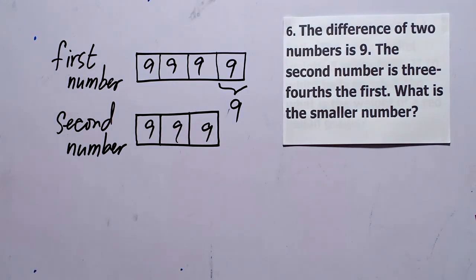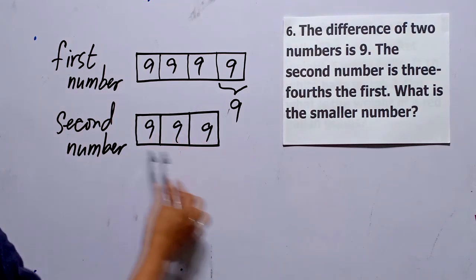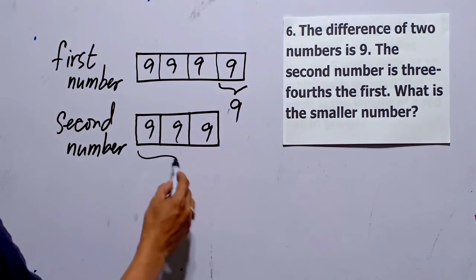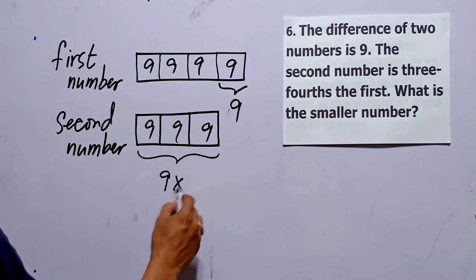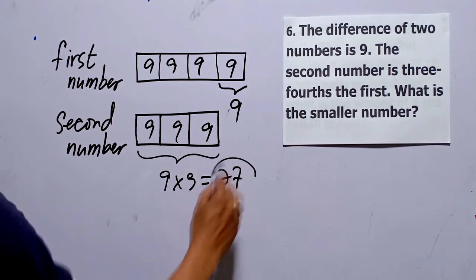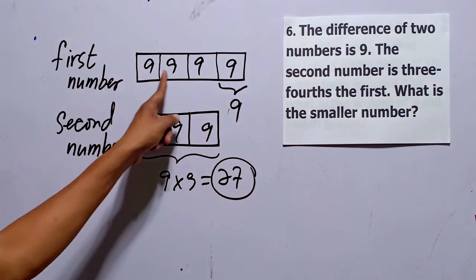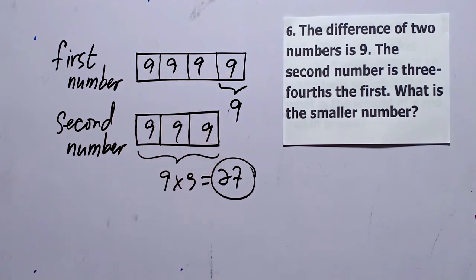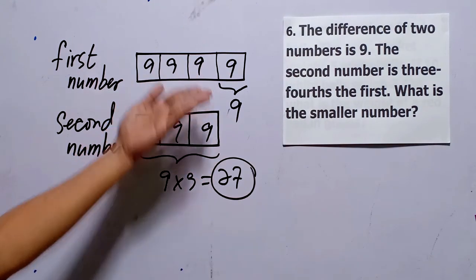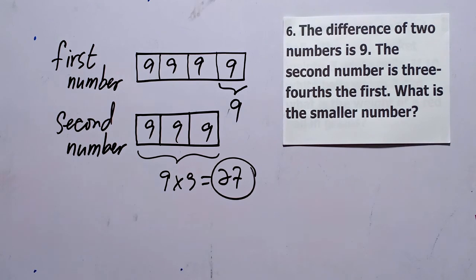So the question now, what is the smaller number? This is the smaller number. So it's 9 times 3, right? So the answer is 27. The smaller number is 27. And the bigger number is 9 times 4, which is 36. But we are looking for the smaller number, which is 27.